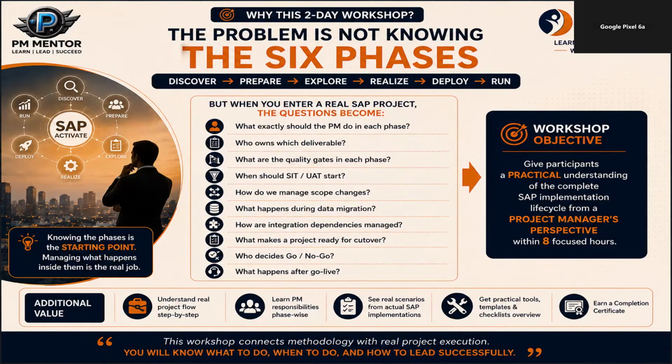You need to understand who owns the source data, who is responsible for cleaning, who validates the mapping, who signs off the migrated data, how many mock migrations are required, how will reconciliation happen, what happens if balances do not match, what happens if master data is incomplete, and what is the fallback plan. So again, you don't need to become a data migration expert, but as a project manager you must understand enough to manage the activity.